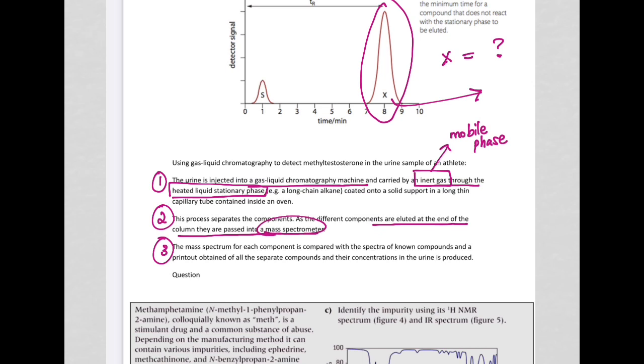The peaks produced by X will be compared to known samples, and if it is a drug, it's going to be identified. So it is compared with spectra of known compounds, and then we are able to know their concentration in the urine sample.